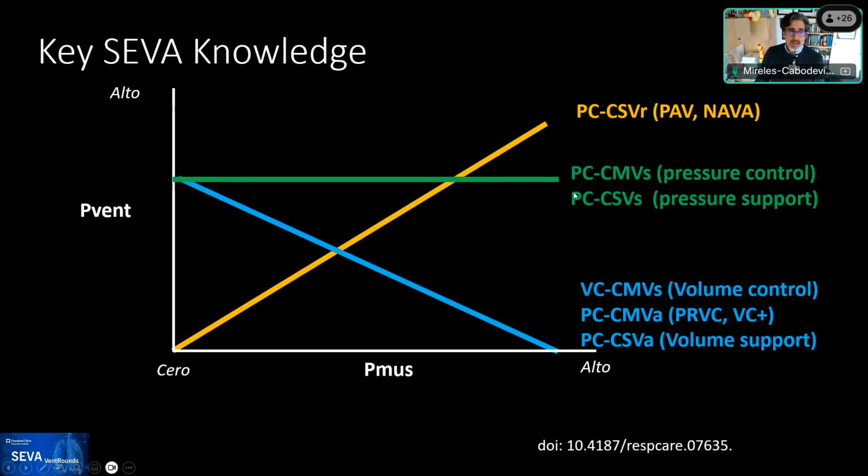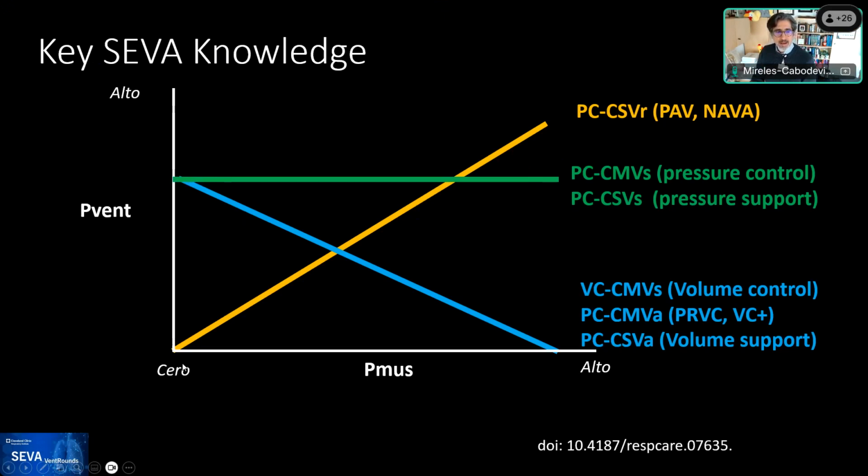Then you have in green, the second most common, where you set the pressure on the ventilator, and it doesn't matter what the patient does, the pressure that the ventilator delivers stays constant. The two classic modes that achieve that are pressure control and pressure support in their commercial nomenclature.